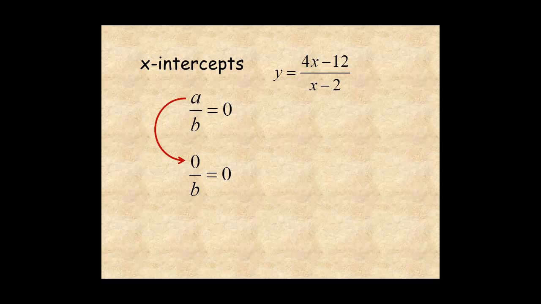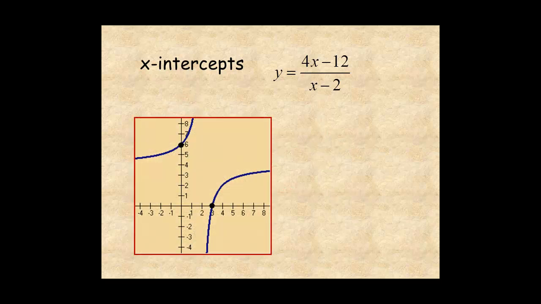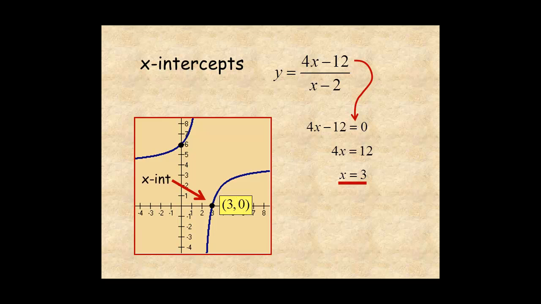So in the same way, a function is equal to 0 when its numerator is equal to 0. So to find the x-intercept for this function, set the numerator equal to 0 and solve for x. To do this, add 12 to both sides and then divide by 4 for x equals 3. And the x-intercept is the point (3, 0).